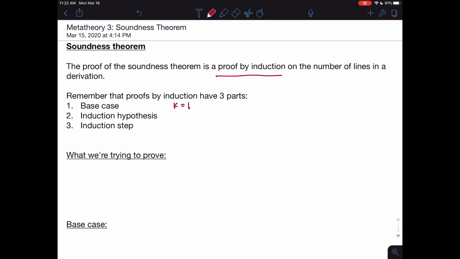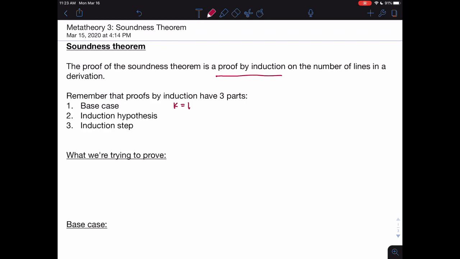The reason why we have to do 11 cases in this proof is because we have to show no matter what derivation rule you're using to get to that next point, the soundness theorem is always going to hold for that next point. So that's why the induction step takes a little bit of time, because you have to go through each one of the derivation rules. Okay, so that's what the proof is going to look like.